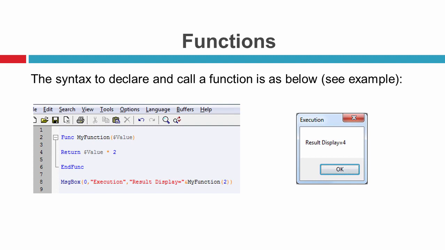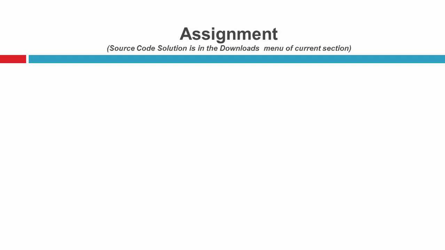And here, for that function, we have the result displayed equal to 4 because the argument was 2 and the function returns the value multiplied by 2.